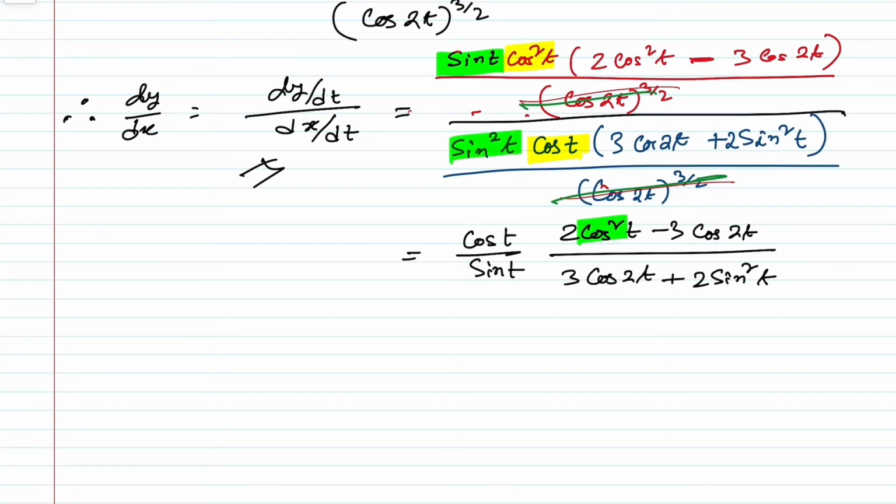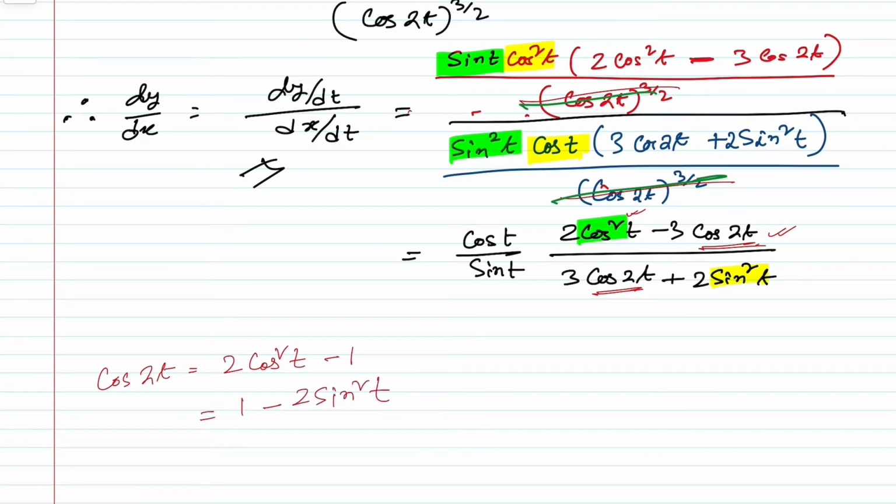Now, as this is sin, we are going to convert this cos 2t into sin, and this cos 2t into cos, as this is cos. We know the identities: cos 2t is equal to 2 cos square t minus 1, and also another identity, 1 minus 2 sin square t.